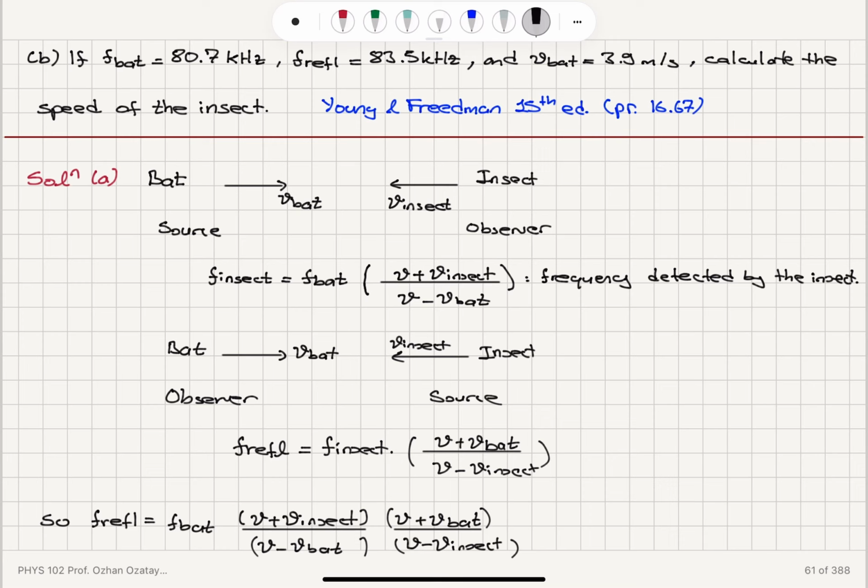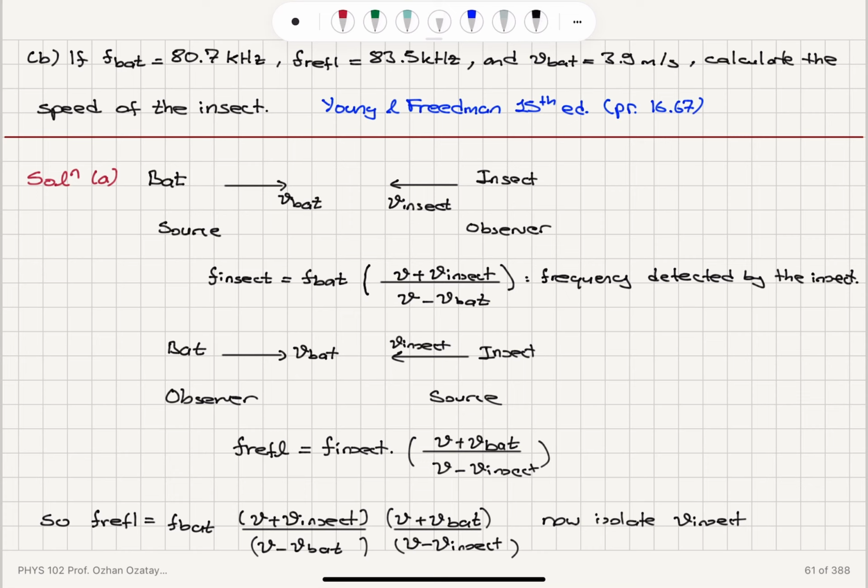So that will be the frequency detected by the bat when the sound is reflected from the insect. So now, in order to determine the speed of the insect, we have to isolate v insect from this equation.